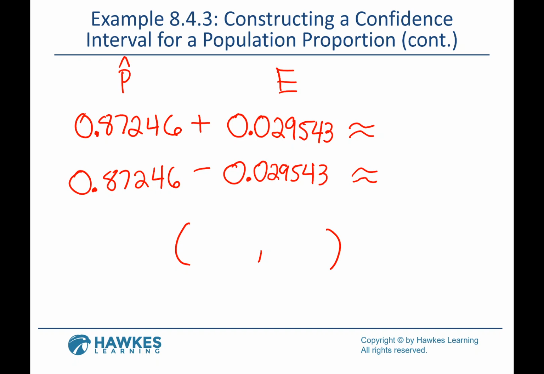Okay, so let's try that one. 0.87246 plus 0.029543. Yeah, it looks more reasonable. There we get 0.902 for the upper, and 0.843 for the lower.